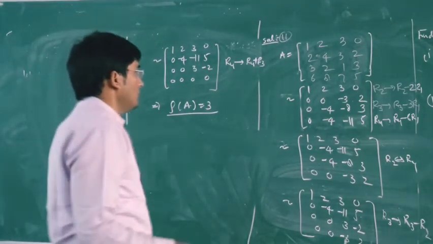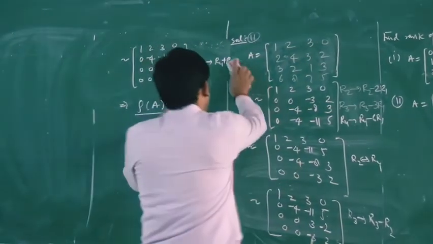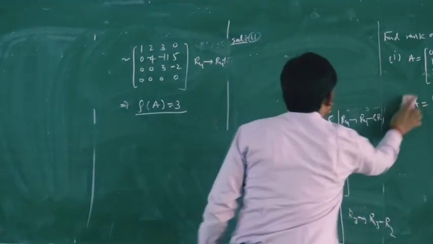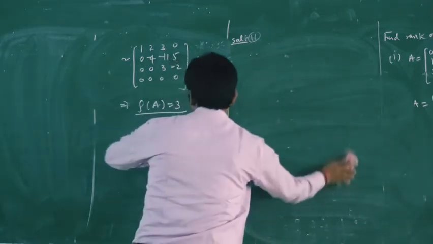Now I am not solving the third question, it is quite easy. Now let us find out the rank of a matrix using the normal form of a matrix.